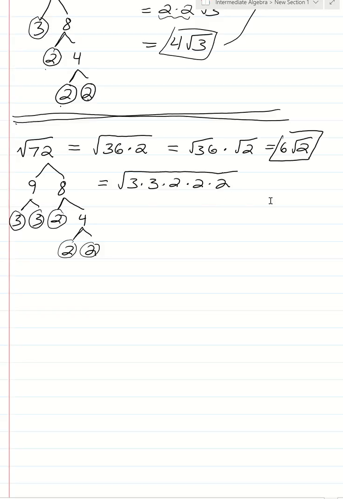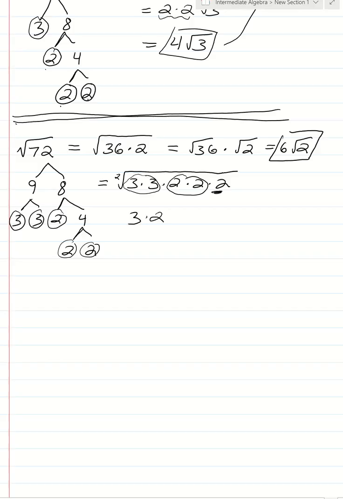So now let's see what we can do. We are looking for pairs of the same number because we're dealing with square roots. So here I have two 3's. They go outside the radical once. Here I have a pair of 2's. So they must also go outside the radical once.